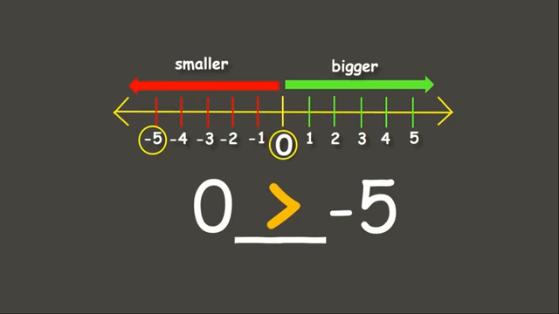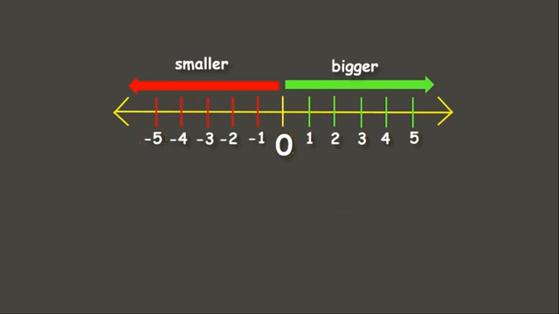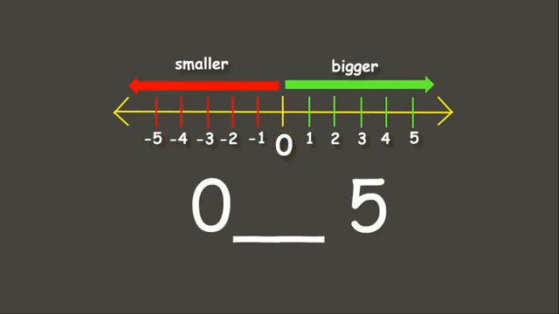Let's have another example. Let's compare 0 and positive 5. Since 5 here is positive and it can be found to the right of 0, this means that 0 is less than positive 5. Awesome!